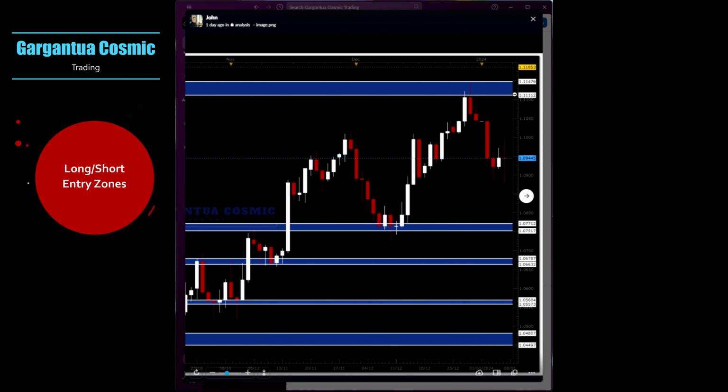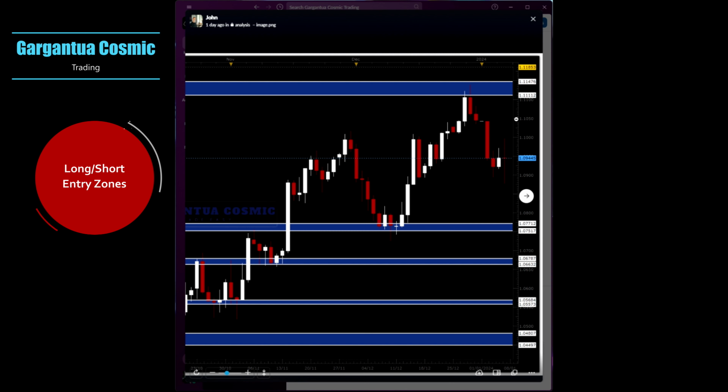This short entry zone is 1.1147 minus 1.1111, 36 pips wide. So our first target will be to take some profit at 36 pips below 1.1111.